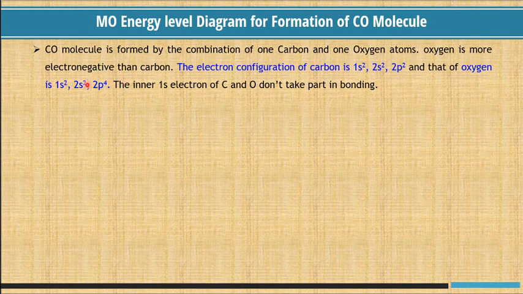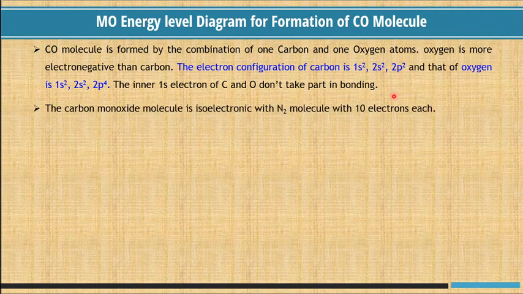That means there are 4 electrons in the p orbital of oxygen and 2 electrons are present in the p orbital of carbon atom.